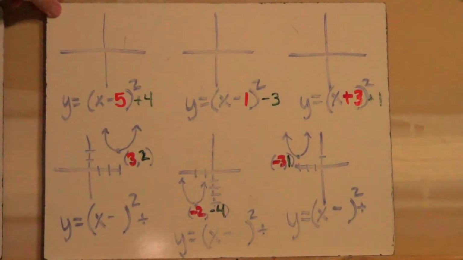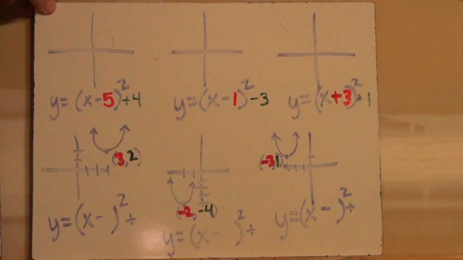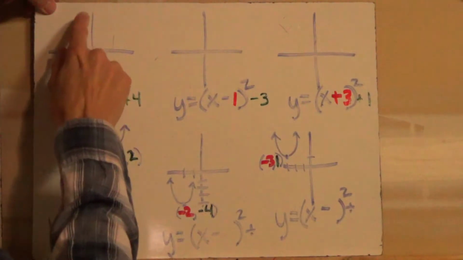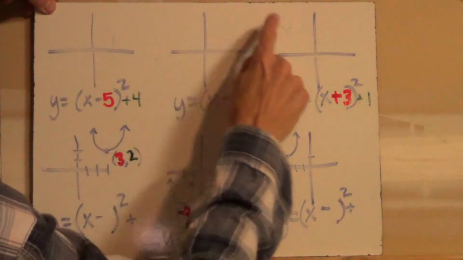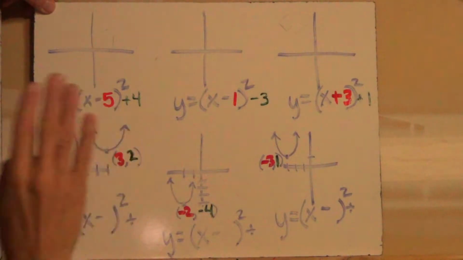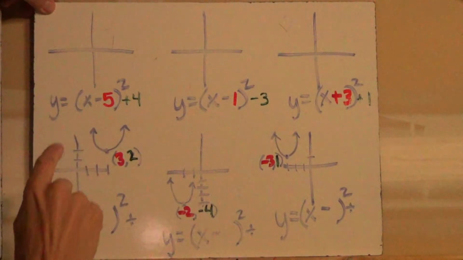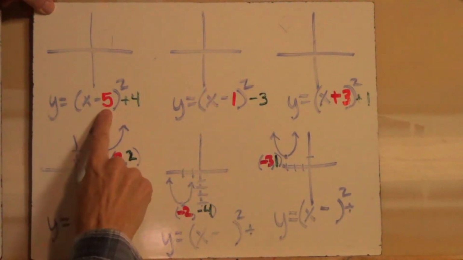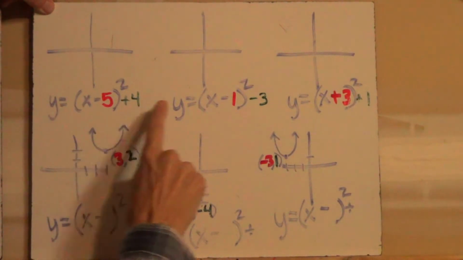The last thing I want you to do is draw a blank graph. You could put in the parent function right here with the vertex at the origin if you would prefer. It might make it easier for you if this is the first time through this. And then write the equation with the 5 and the h value, the 4 and the k.